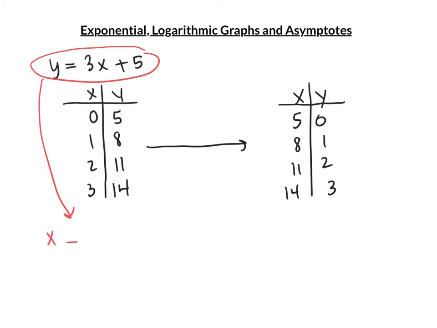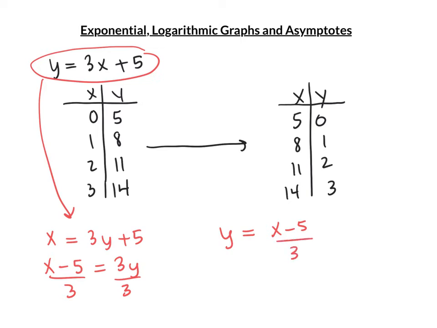It becomes x equals 3y plus 5, and then we solve for y. Subtract 5 from both sides, x minus 5 equals 3y, and then divide by 3. The inverse equation then is y equals x minus 5 divided by 3.